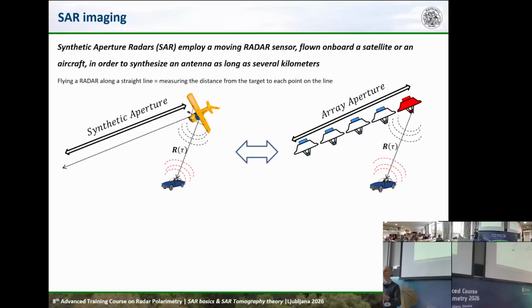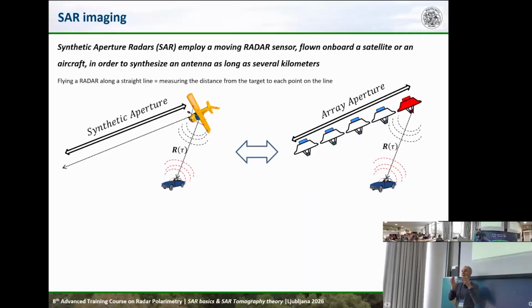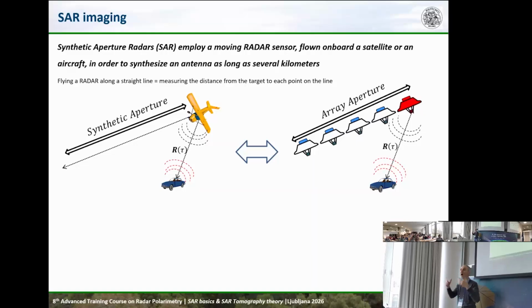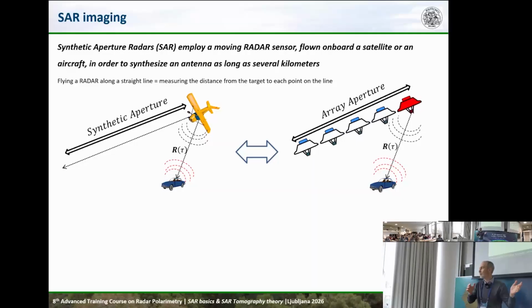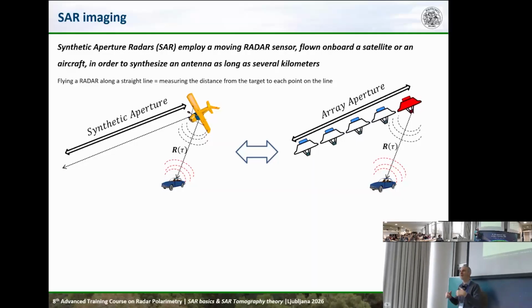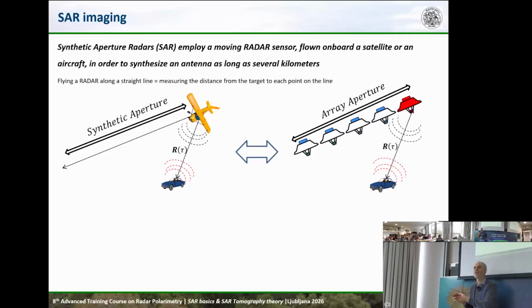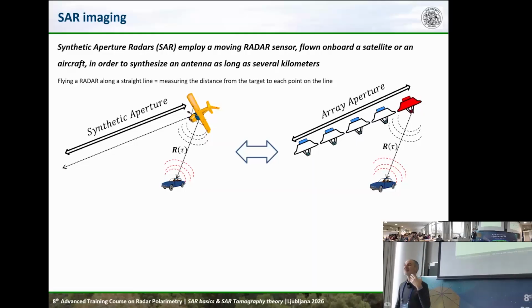So basically, you can imagine that for every pulse I transmitted, you had an antenna, a component of this array, which becomes a virtual array, of course, at this point, because it doesn't physically exist. You are forming this array as you move. Or, the jargon is that you are synthesizing this array as you move, and this is also the reason for the name.